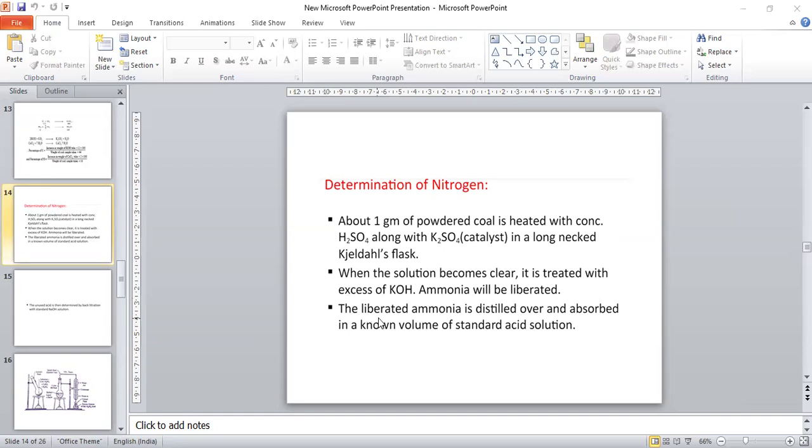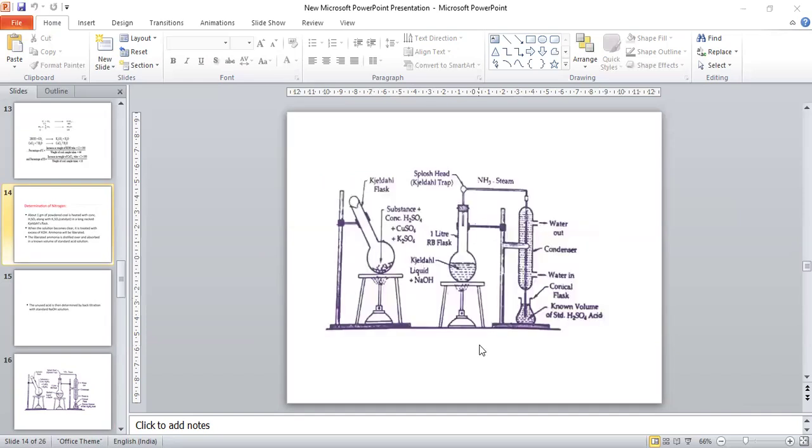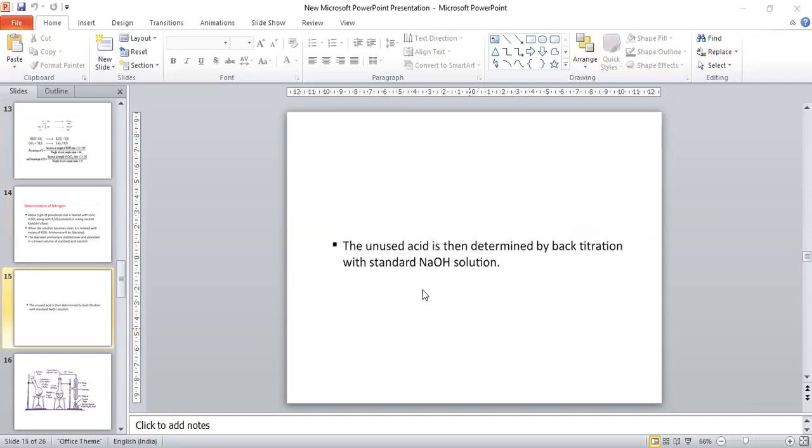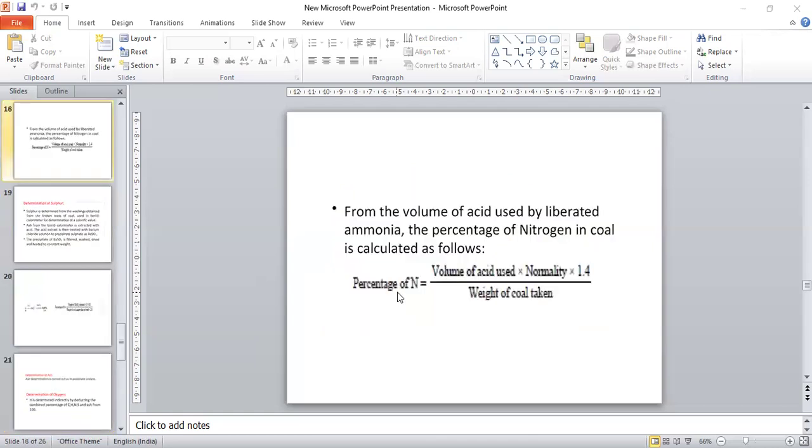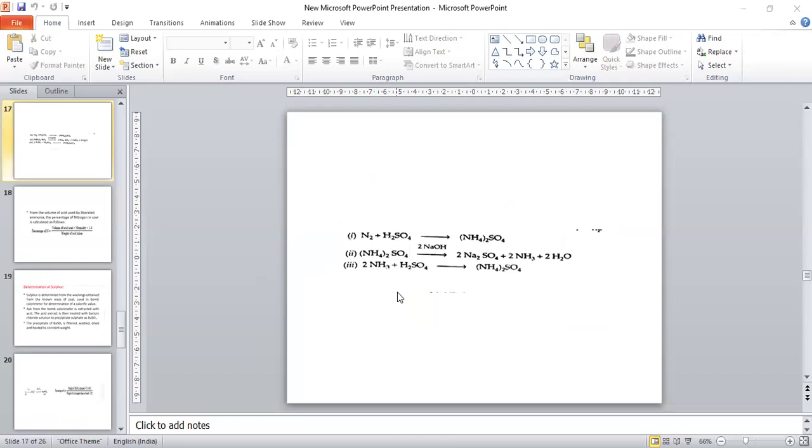The liberated ammonia is distilled over and absorbed in a known volume of standard acid. Whatever unused acid is there should be determined by back titration with standard sodium hydroxide solution. This is the apparatus.